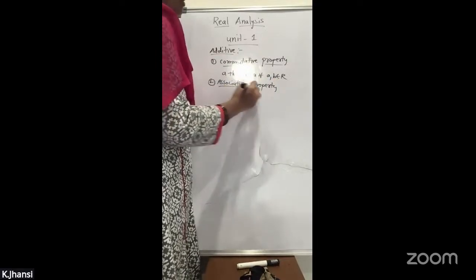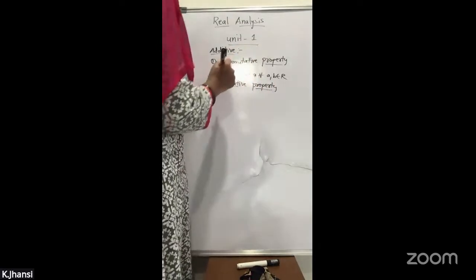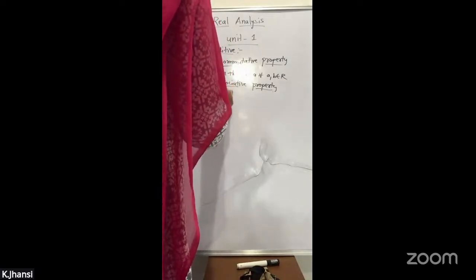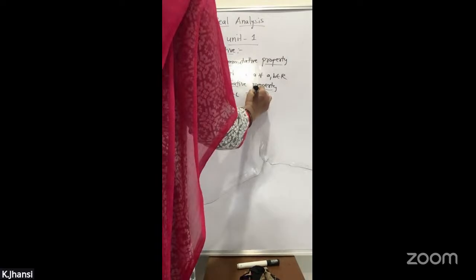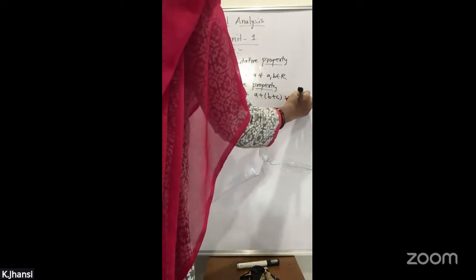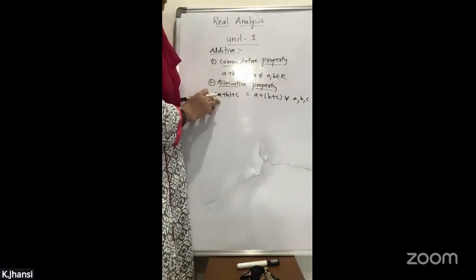Associative property means we take three elements, a, b, c. So (a plus b) plus c is equal to a plus (b plus c) for all a, b, c belongs to R. This is the associative property.